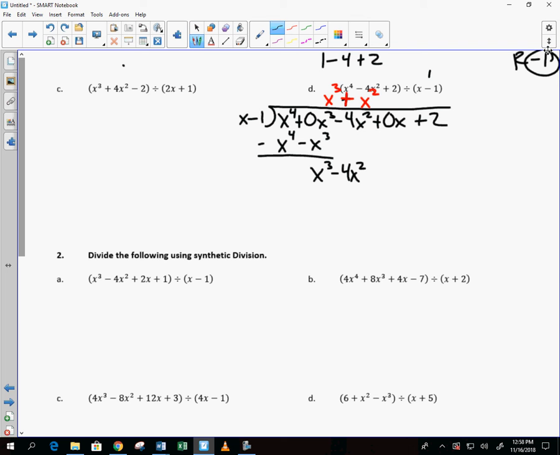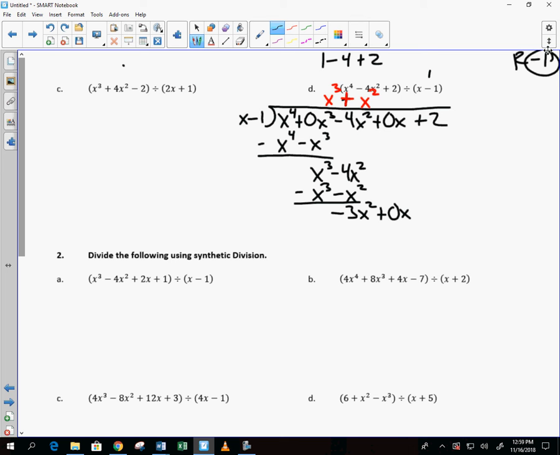Multiply the x squared through, and we get x cubed minus x squared. What do you get when you subtract those? Negative 4x squared minus negative x squared? Negative 3x squared. Drop down the 0x.